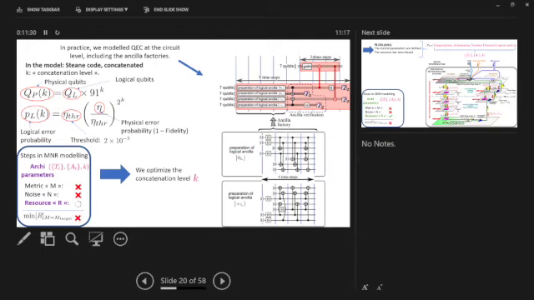So it means that you reduce your probability of error when you have each logical gate protected by error correction, but it has a cost. You have more physical qubits per logical qubit. But this is how it works. If the physical error probability is below the threshold, then by adding sufficiently many physical qubits, you can make your logical error rate converge to zero.